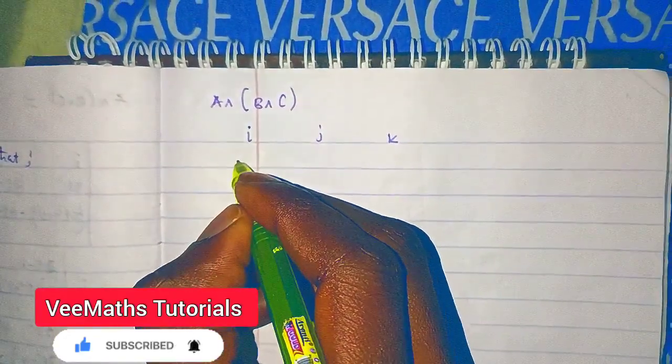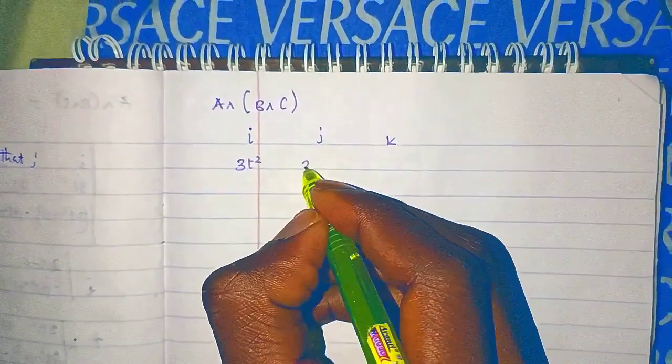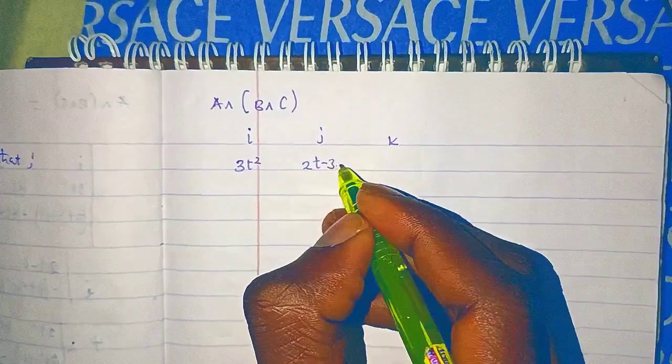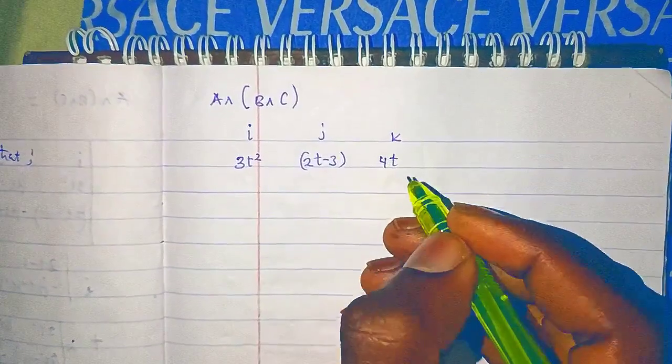Pick the coefficients of A. We'll have 3t squared for I component, 2t minus 3 for J component, and we have 4t for K component.